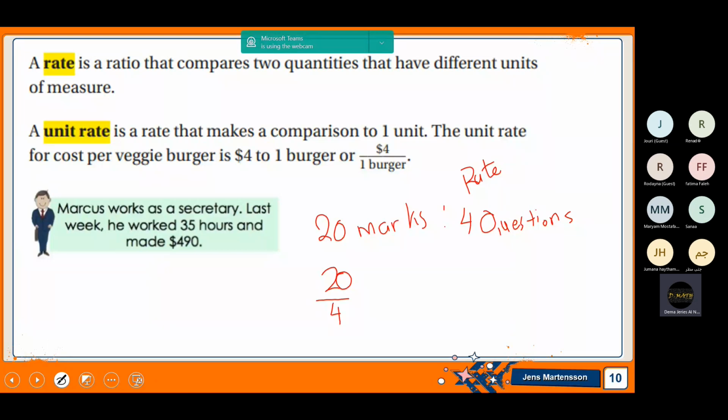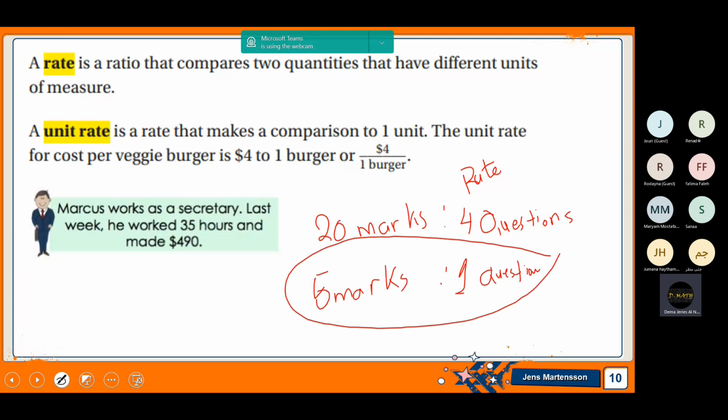So when I say per one question, it needs 5 marks. If I change it to how many marks per one thing, per one question, this part we call it unit rate.